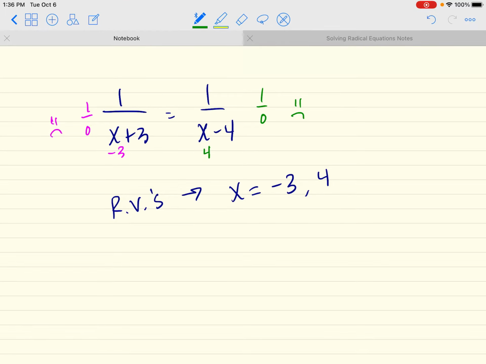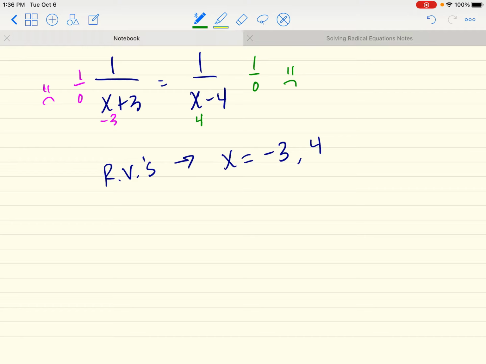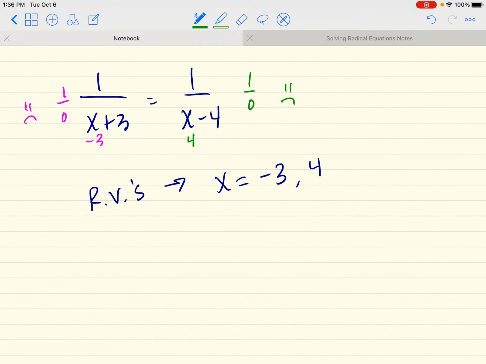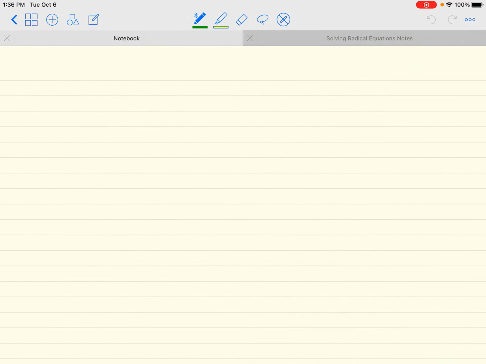Okay, so anytime there's a restriction, we have the possibility of having this extraneous solution, where remember we could solve and get one of those restrictions as a solution, but it couldn't work because it's undefined when we plug it back in. So we have restrictions with fractions. Fractions can't have denominators equal to 0. And we also have restrictions with even roots.